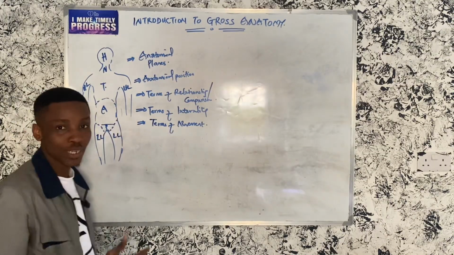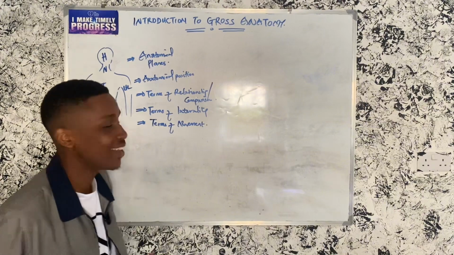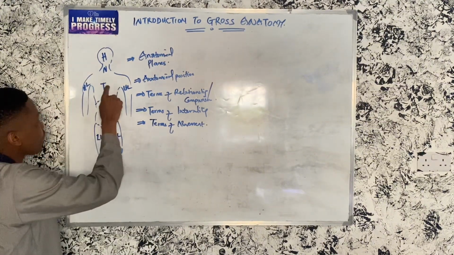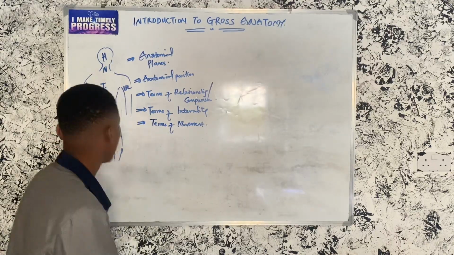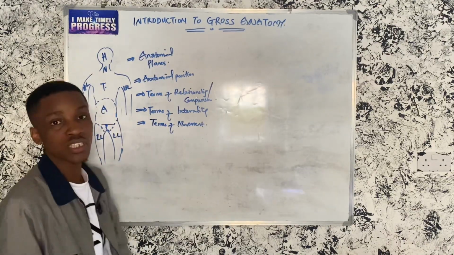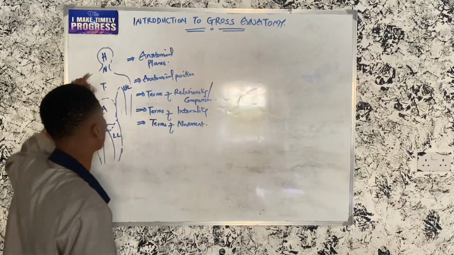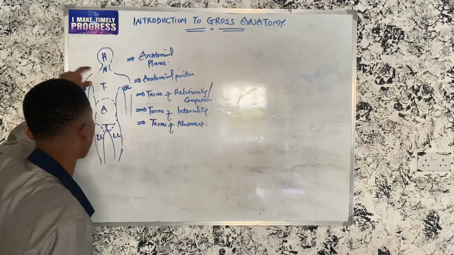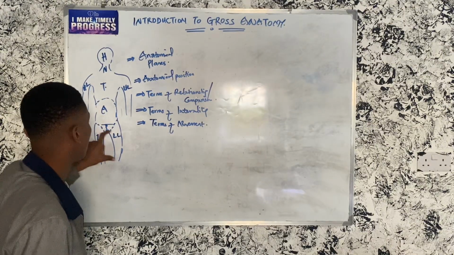You have the abdomen, what they used to call in Nigeria here, belly. Then beneath the abdomen, we have the pelvis, and then we have the lower limbs, which is what we usually call legs. But these are the right ways to call them: head, neck, thorax, upper limbs, abdomen, pelvis and perineum, then lower limbs.